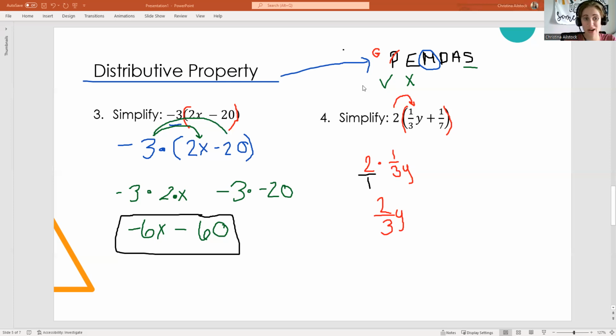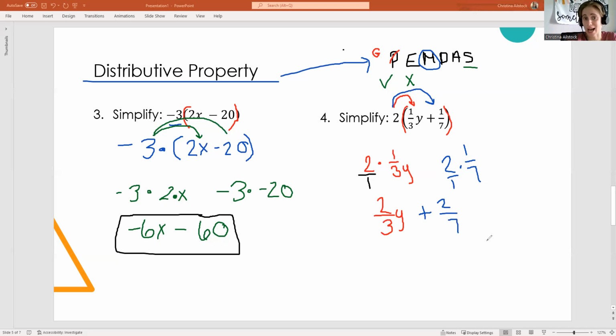It's that unknown value. That's what a variable is, an unknown value. And then we'll take 2 times 1/7. Don't forget to bring down your plus sign. So let's turn that 2 into a fraction again. 2 times 1 is 2. 1 times 7 is 7.